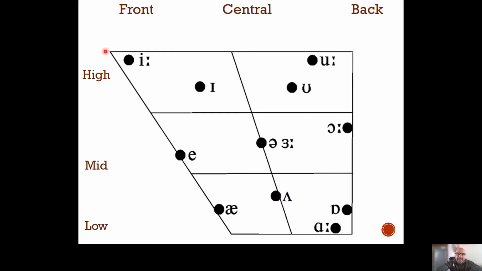Another criterion to classify vowel sounds according to their quality is height. If the tongue is up or down at the bottom of the oral cavity. Remember that this vowel chart represents somehow the oral cavity or mouth, basically.